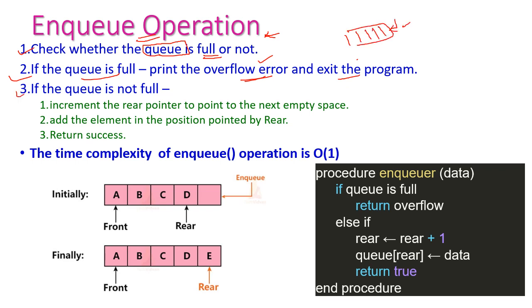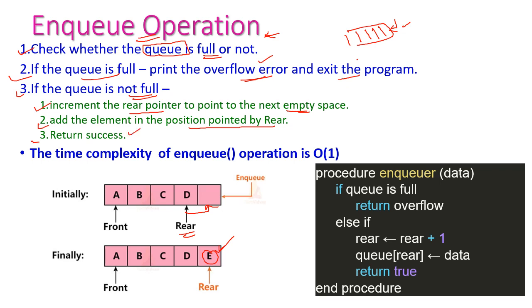Third, if the queue is not full, first increment the rear pointer to the next empty space, that is, increment by 1, and add the element to the position pointed to by the rear. So here we need to add the new data item and return success.